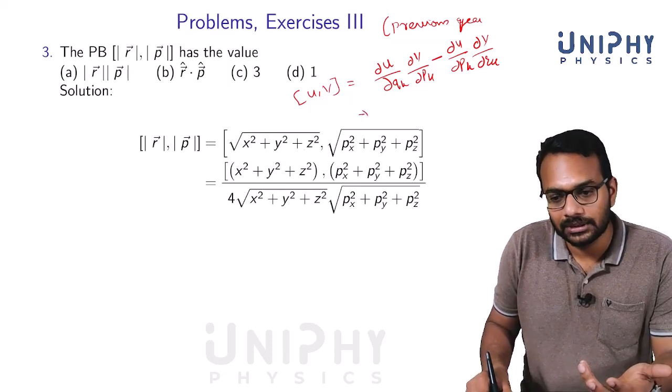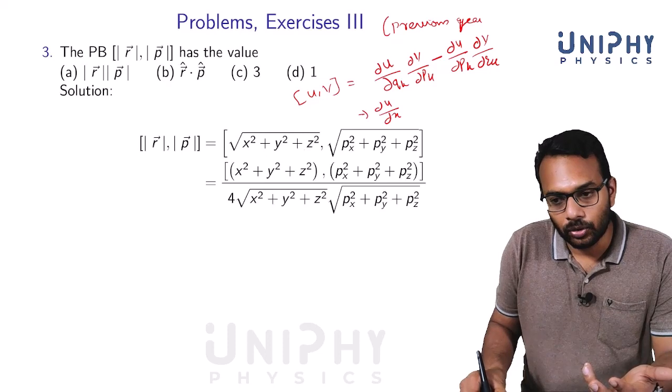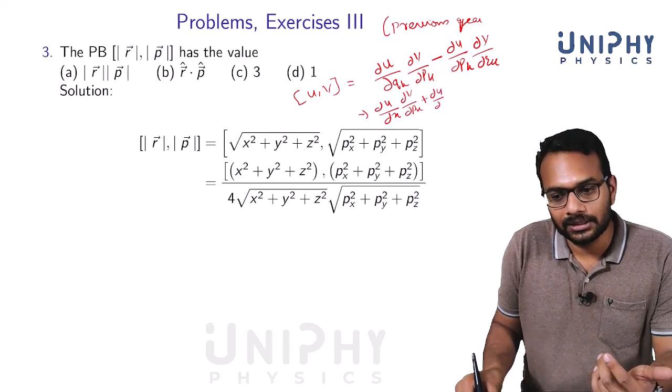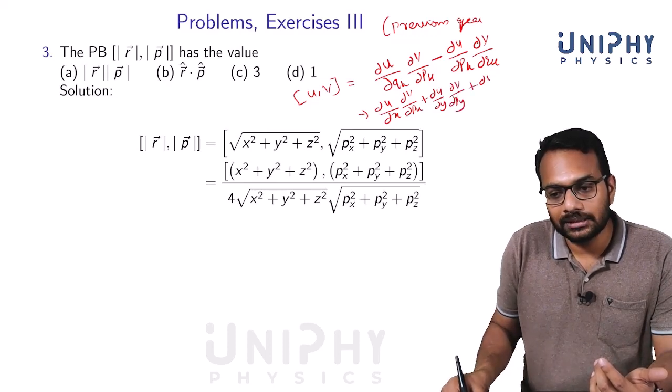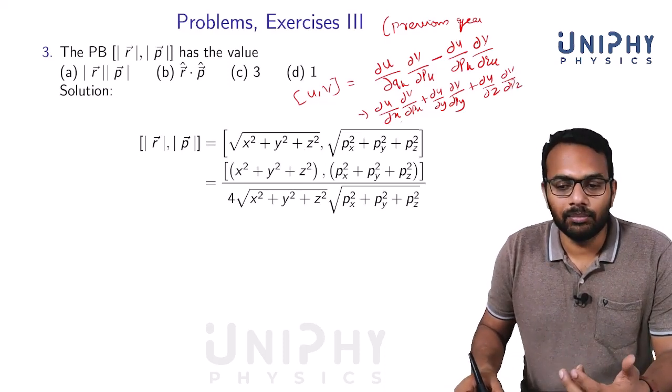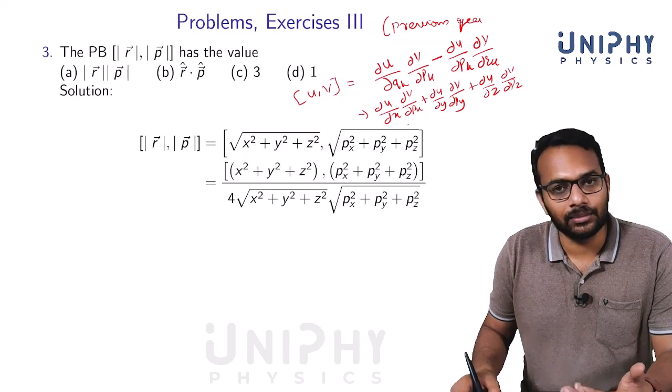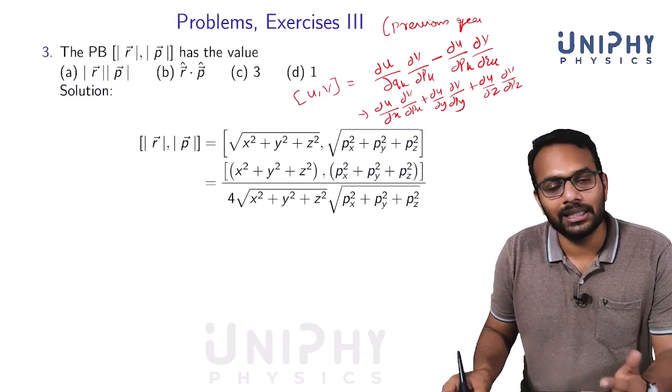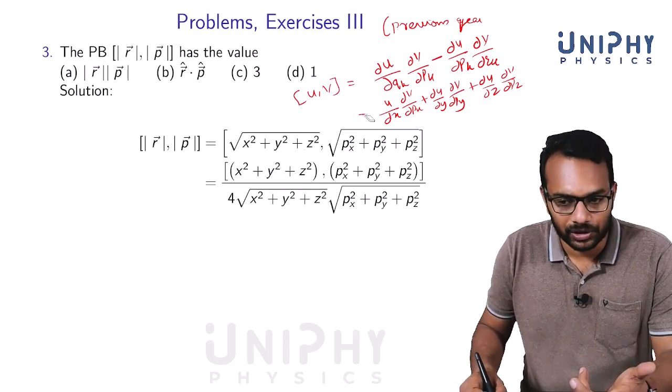So this becomes ∂u/∂x ∂v/∂px plus ∂u/∂y ∂v/∂py plus ∂u/∂z ∂v/∂pz, minus the three terms obtained by interchanging x and px, y and py, and z and pz respectively. That's one way to do that.